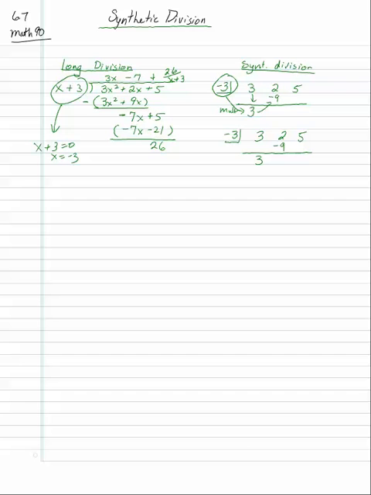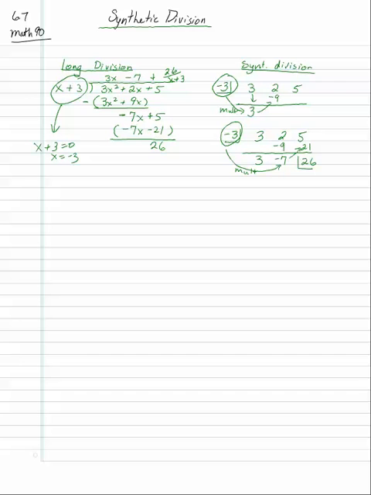So again, bring the first term down, then negative 3 times 3 is negative 9. And then you're going to add down, so 2 plus negative 9 is negative 7, and then you're going to multiply, and write the answer up here, which is 21, and then you're going to add down the column, 26.